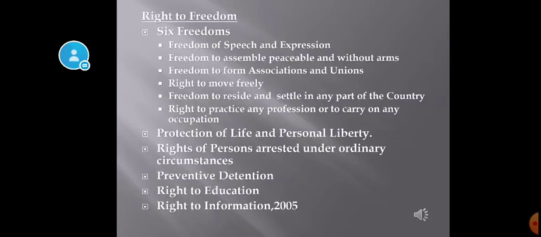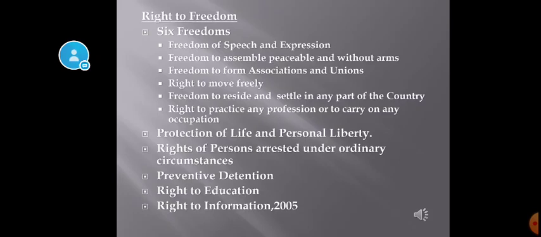The Right to Education Act came into force on 1st April 2010. This was a historic day for the people of India, since from this day the right to education was given the same legal force as the right to life under the Constitution of India. The right to education seeks to provide education to all children aged 6 to 14 years.